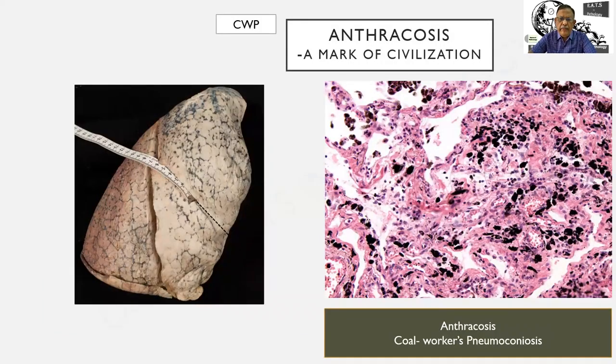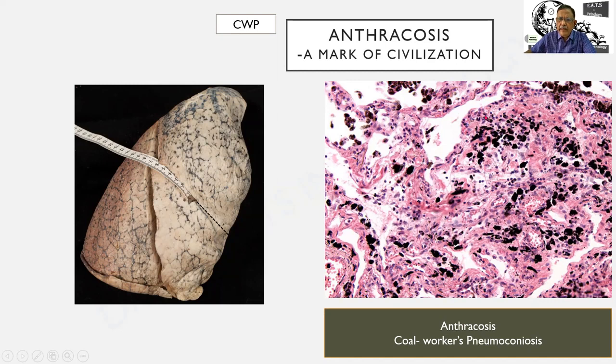The first one will be an exogenous pigment, namely anthracosis. We are in a world of civilization. In fact, the anthracotic pigment has been described as a mark of civilization. This is a slide of the lung, and I am finding the alveolar spaces.